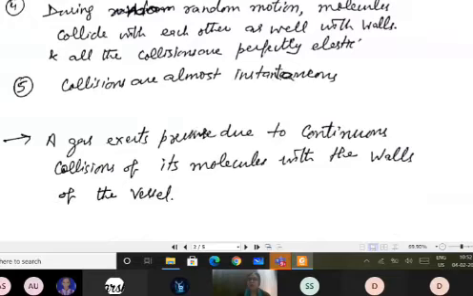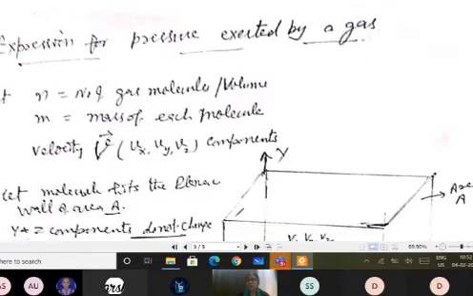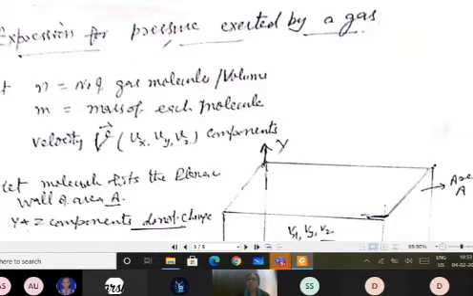And when we are saying that they have random motion, then they are exerting pressure because of the continuous collisions of the molecules with the walls of the vessel. So that pressure we want to find. You have to derive the expression for the pressure exerted by a gas.